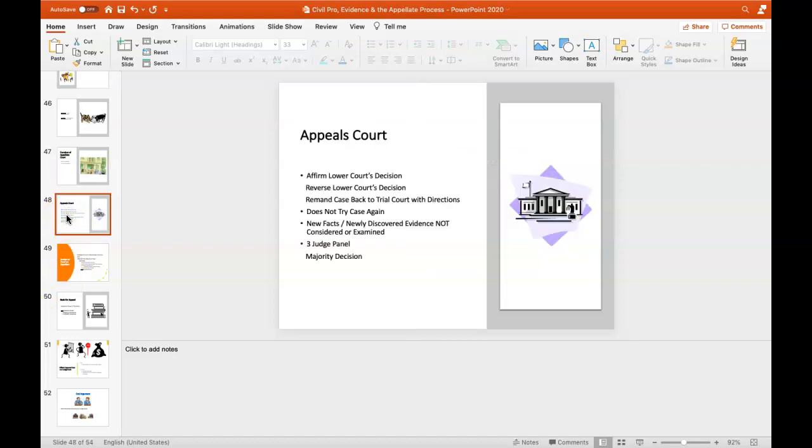The appeals court can do one of three things after it hears a case from the lower court. It can affirm the lower court's decision, number one. Number two, reverse the lower court's decision. And number three, it can remand the case back to the trial court with directions.